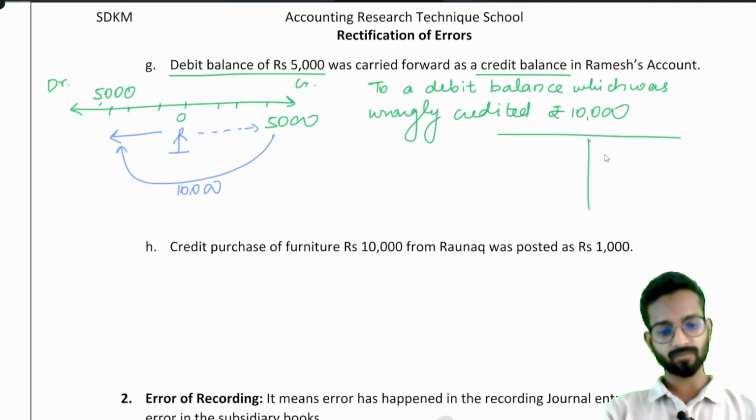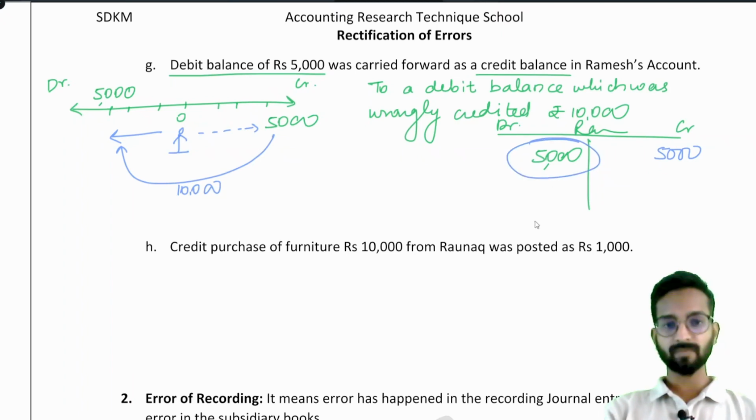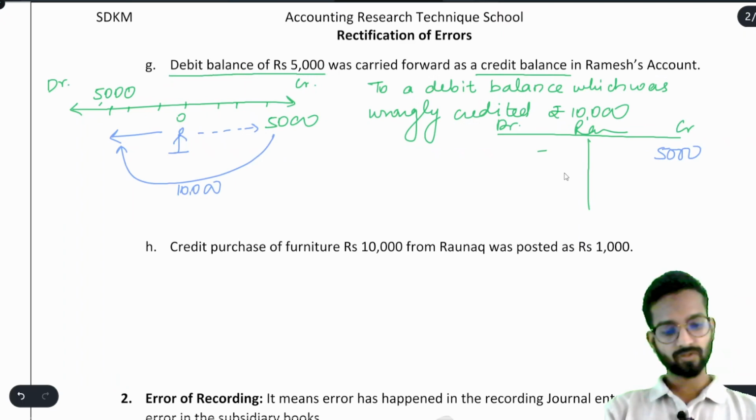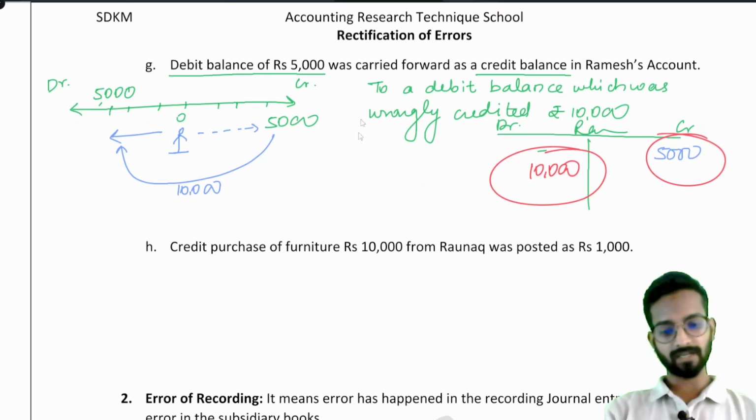Understand, this is Ramesh's account, credit side, debit side. The correct would have been if I had written 5,000 here, but by mistake I wrote 5,000 on the credit side. I wanted 5,000 on the debit side. So now what is the correction I have made? To fix it, I have corrected it by writing 10,000 on the debit side. Understood? So 10,000 minus 5,000 will make it 5,000 on the debit side. That is what the question required us to do.